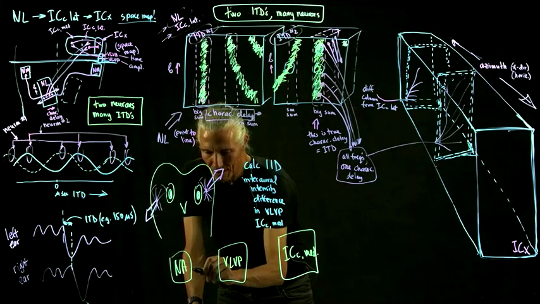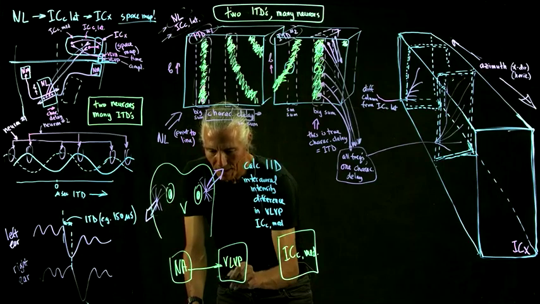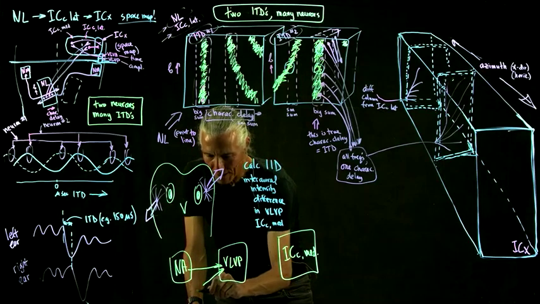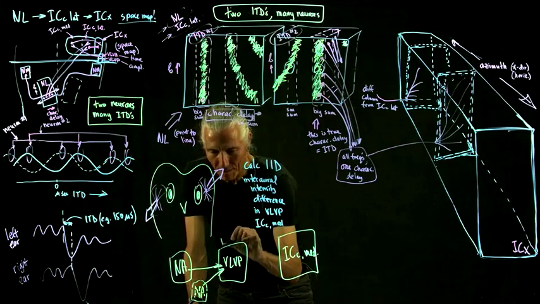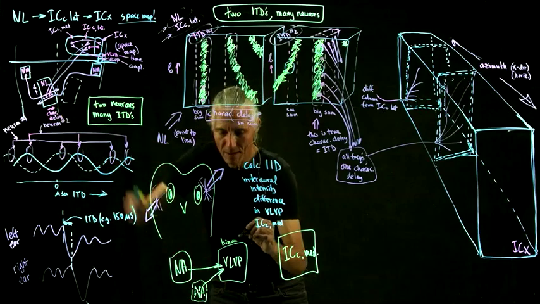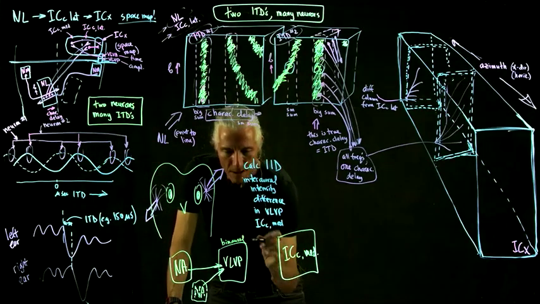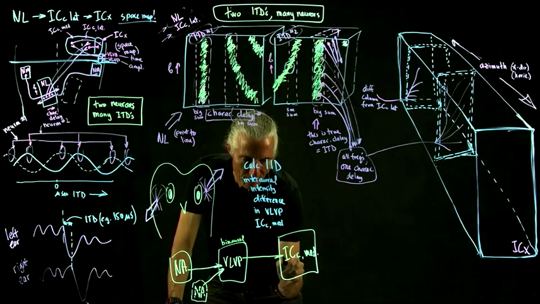So nucleus angularis goes here, but then the other nucleus angularis, from the other side, is also going here, because there's a binaural nucleus. So there's the other NA. This is binaural, just like nucleus laminaris is. And then that projects here.